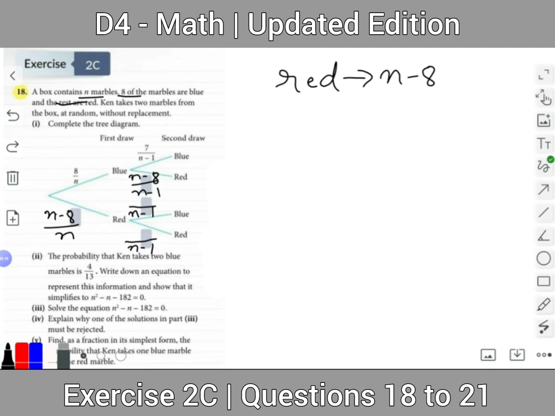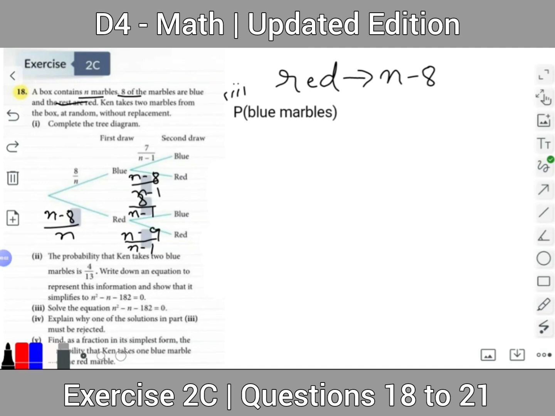Now for the blue ball in the second row, we have the probability 8 over n minus 1, and for the red ball we have the probability n minus 9 over n minus 1. So now we have completed the tree diagram.